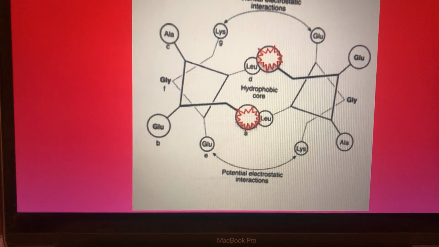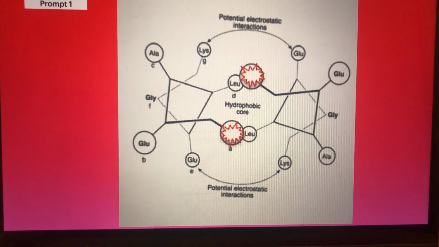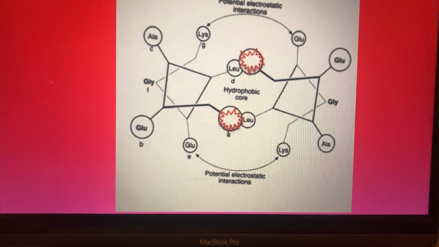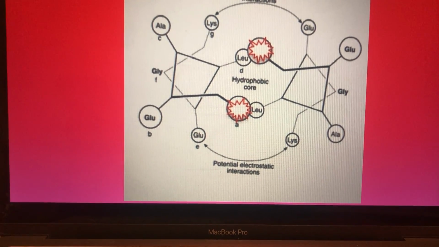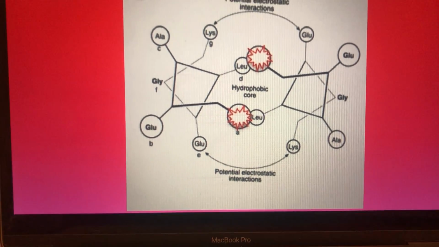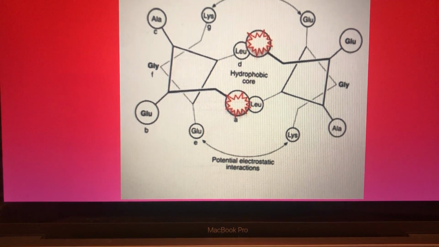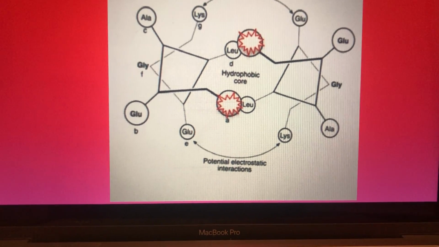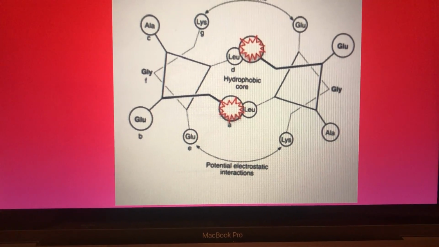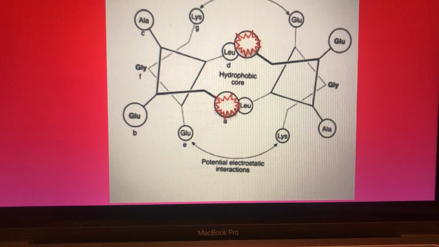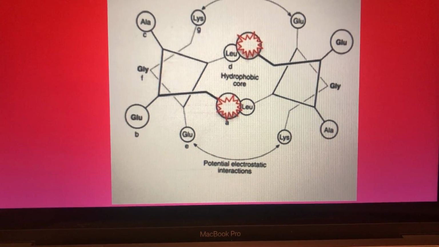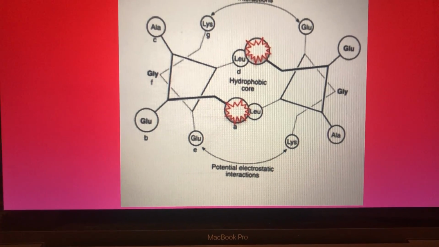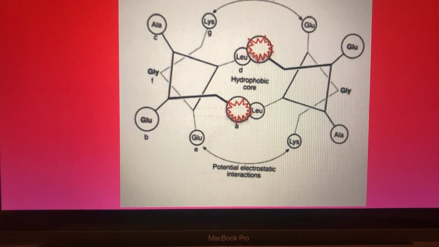The next part of the prompt asked what we could replace the leucine with in that structure to maintain the hydrophobic core. I thought we would want to replace it with an amino acid that is similar in size and classification. Leucine is hydrophobic, has a hydrocarbon side chain, and is in the category with a larger aliphatic side chain.